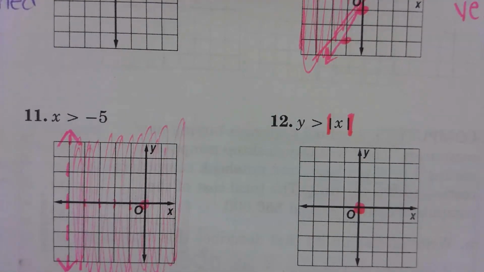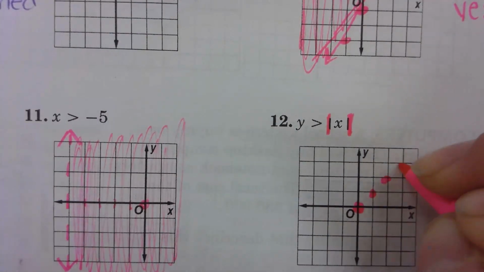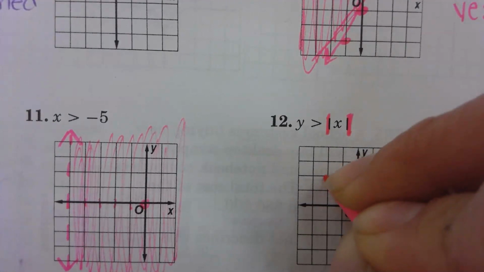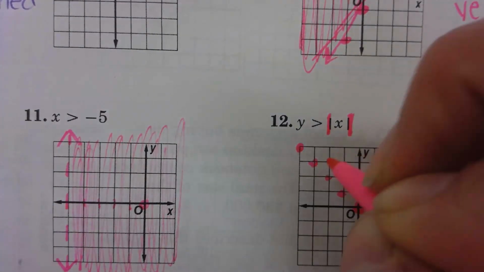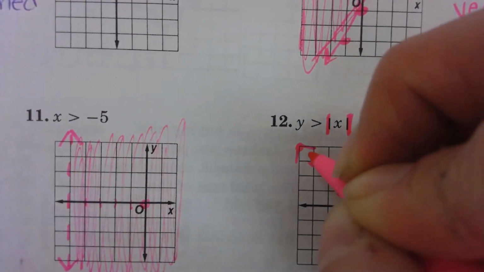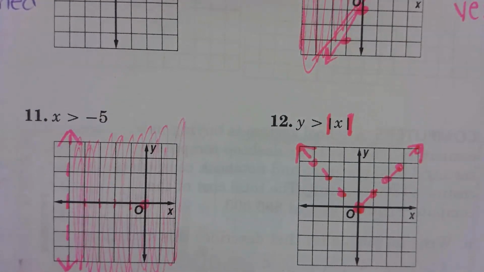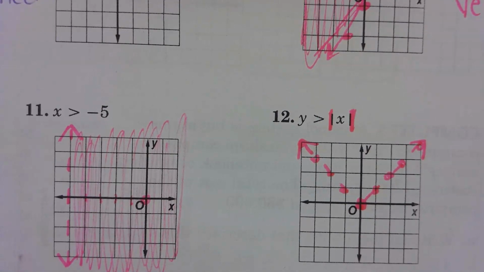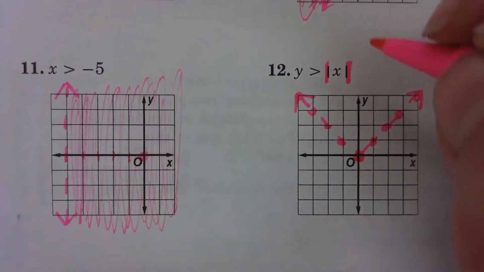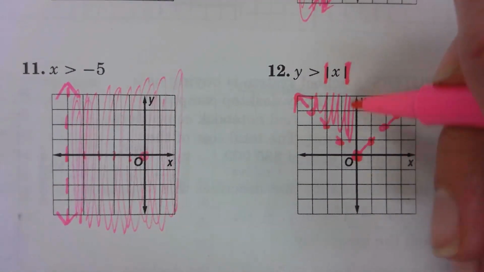Dashed. What is my slope? 1. In or out? In. Because the y's are greater.